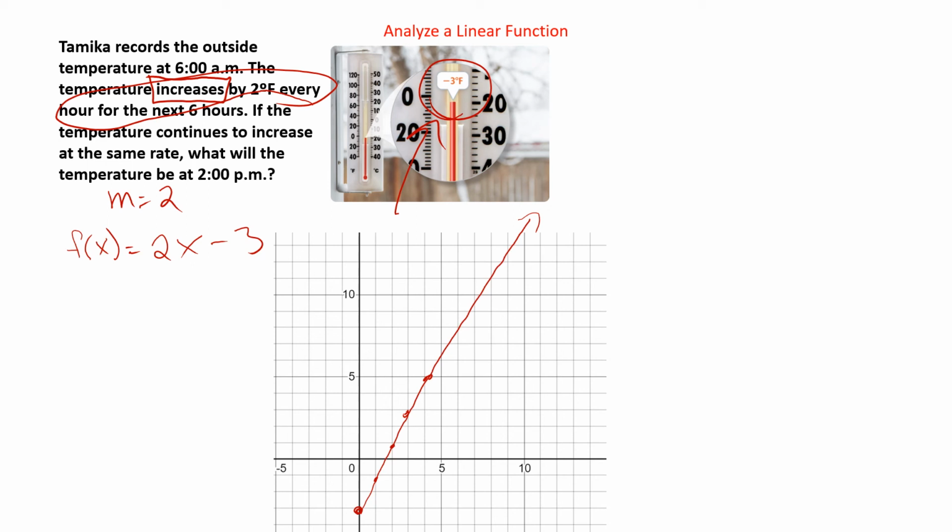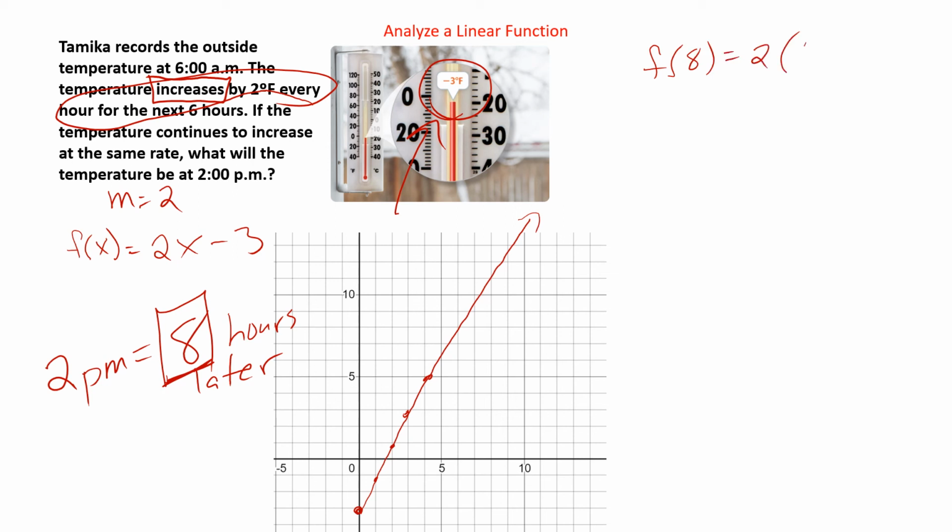So 2 is 8, so 3 would be 9, 4 would be 10, 5 is 11, 6 is noon, then we need another 2 hours, so it'll be 8 hours after 6 a.m. that we get to 2 p.m. So 2 p.m. is going to be 8 hours later. So we're going to be plugging in that 8. Sorry, I underlined the 8 and it looked like I crossed the L, made it a T. 8 hours later.